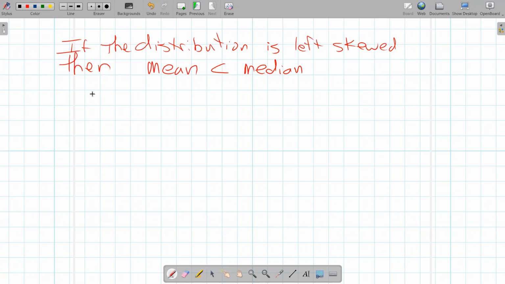And that thing right there is supposed to be a less than. Let's make it a little neater. If the distribution was symmetric, then we should find the mean and the median are pretty darn close to each other. There's no pulling on either side.